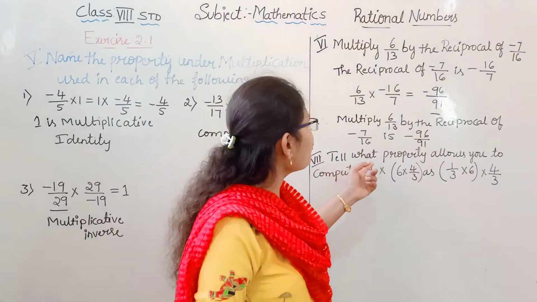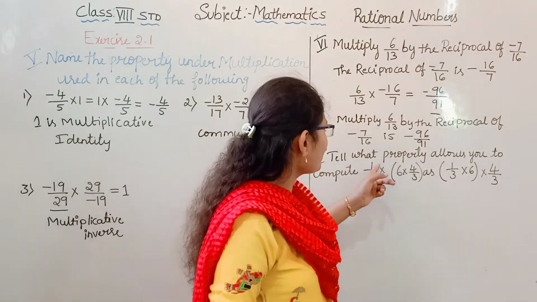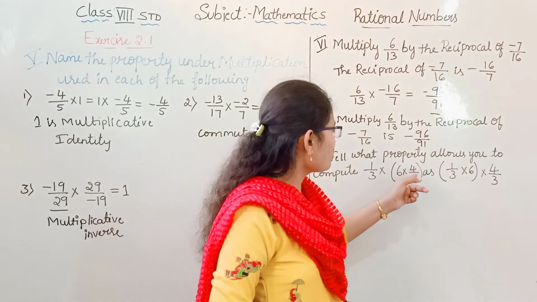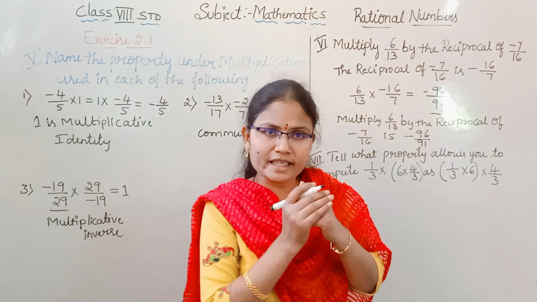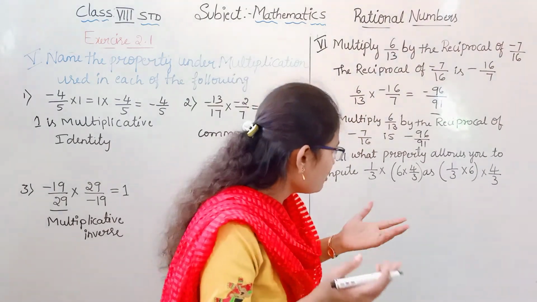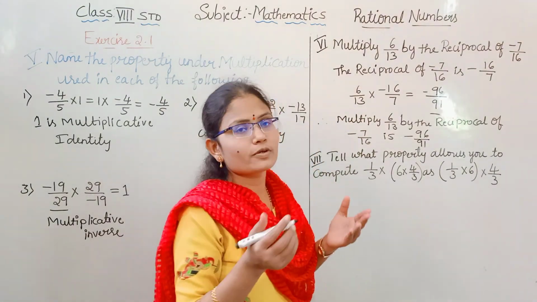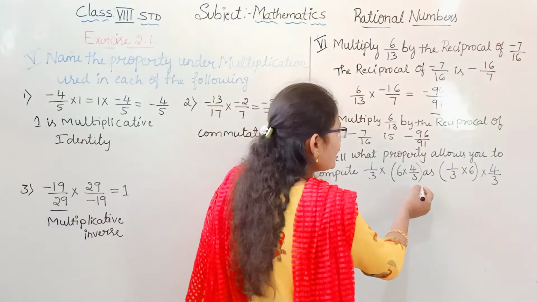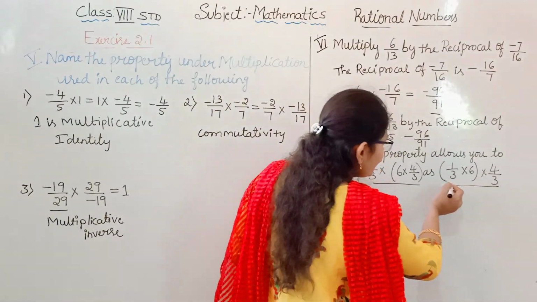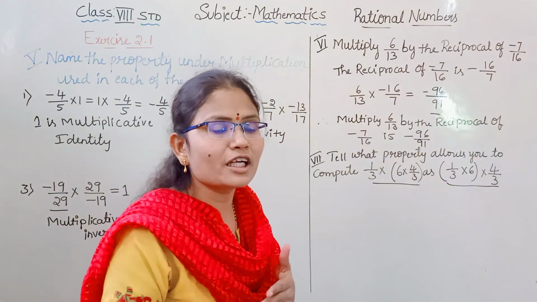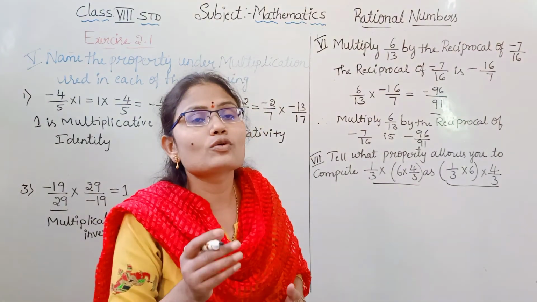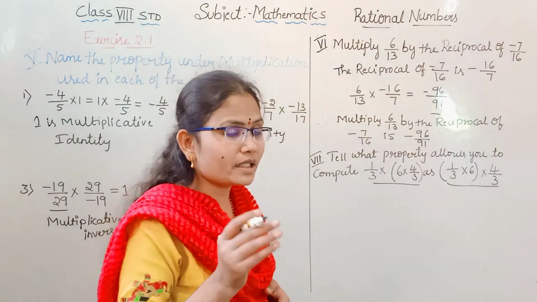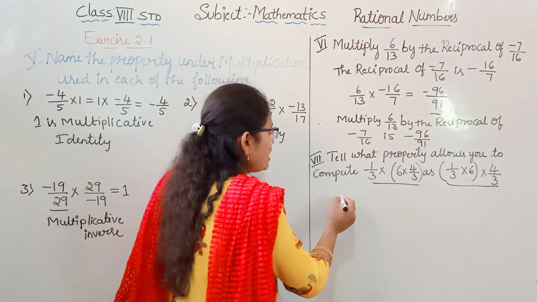Tell what property allows you to compute 1/3 × (6 × 4/3) as (1/3 × 6) × 4/3. Can you guess which property they have used? We have learnt about properties of rational numbers. Here they have grouped the numbers differently. If they group and multiply, what type of property is it? That is associativity.